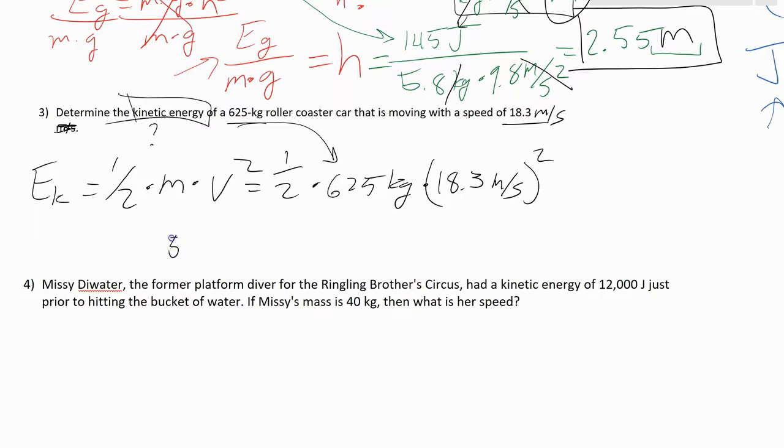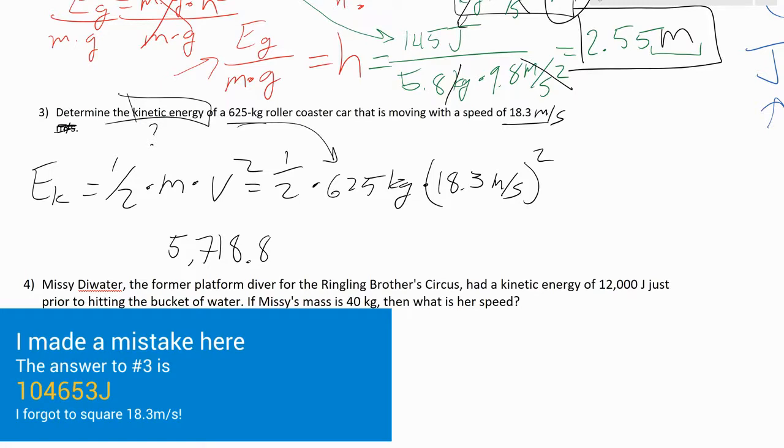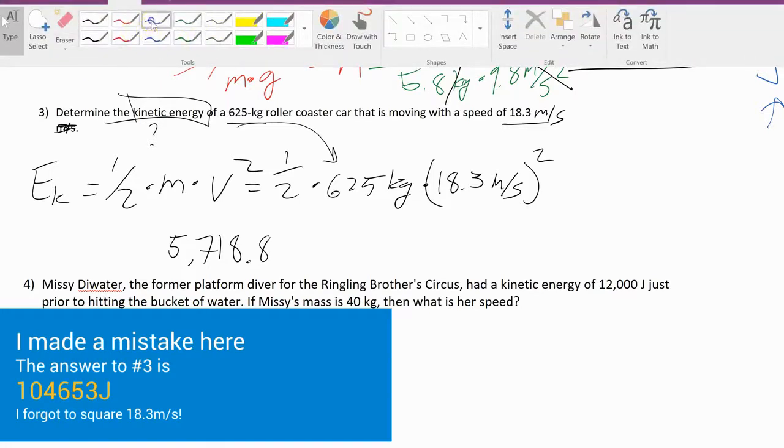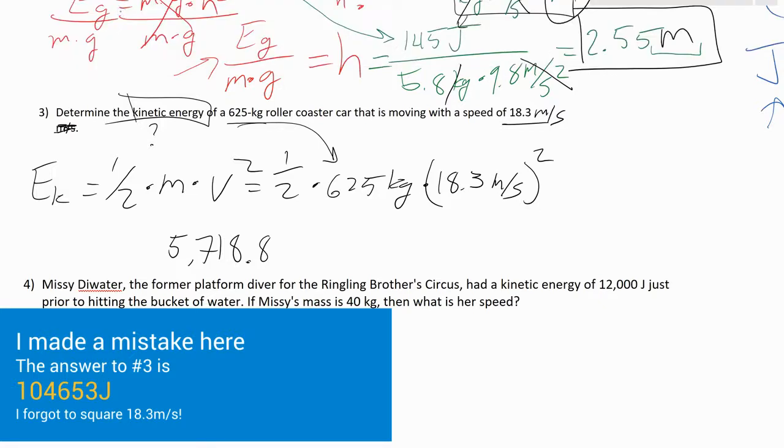I get 5,718.75, so I'm just going to say 0.8. And then we want joules in the end, but let's see if that works out. Switch to blue. No, blue's not that different. Red. So this does not have units, kilograms though, and then meters per second, and you square that.